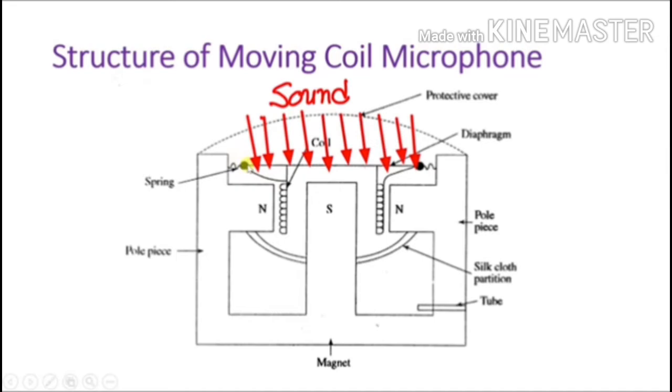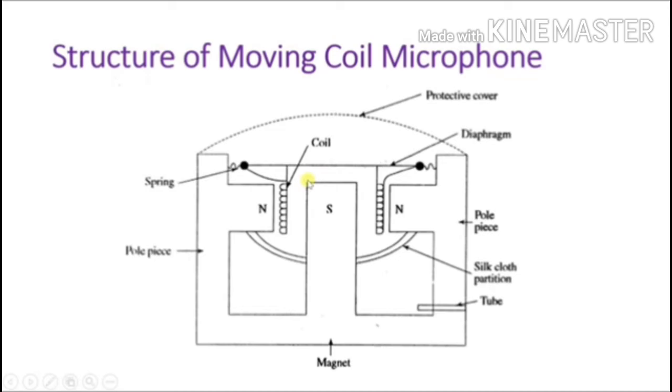Because of that vibrational effect this diaphragm will vibrate like this, and that will provide positional change of this coil. As this coil moves, flux will change through this coil, it will generate EMF, and that generated EMF we take as output of the microphone. So this is how we have the moving coil microphone structure.